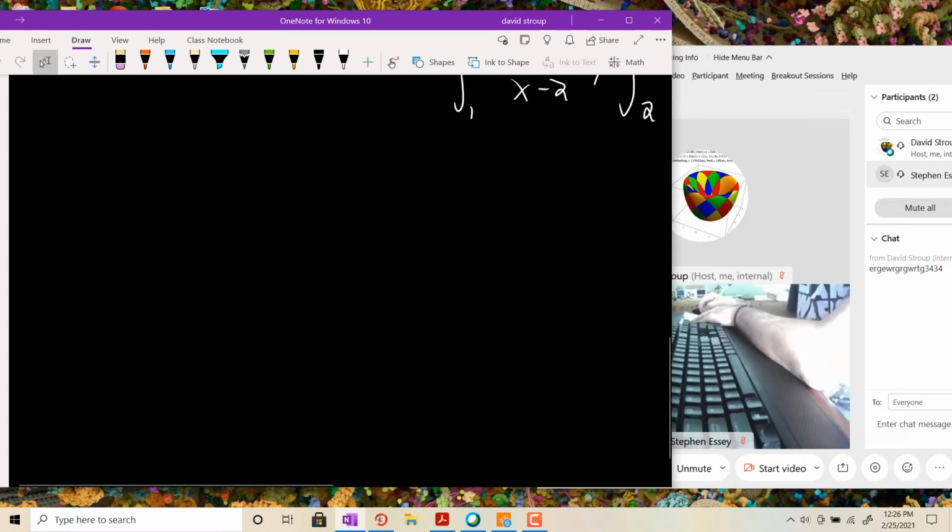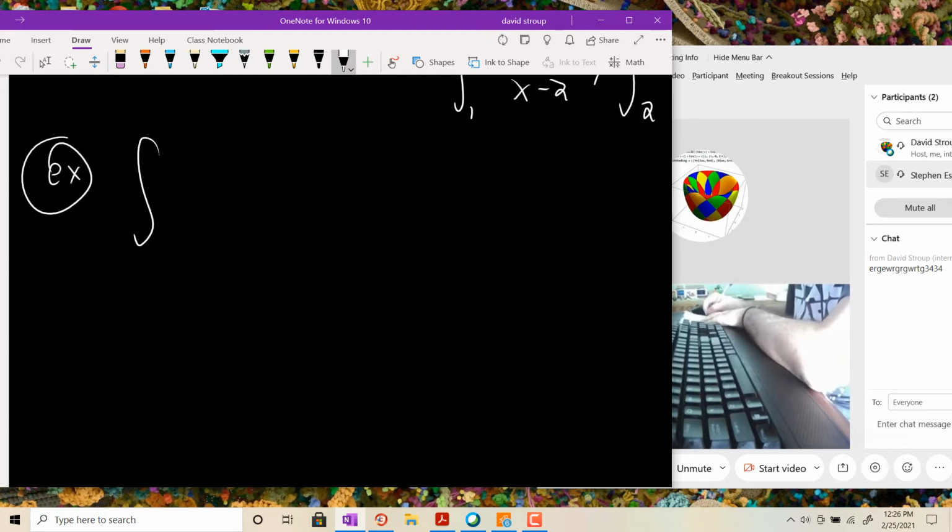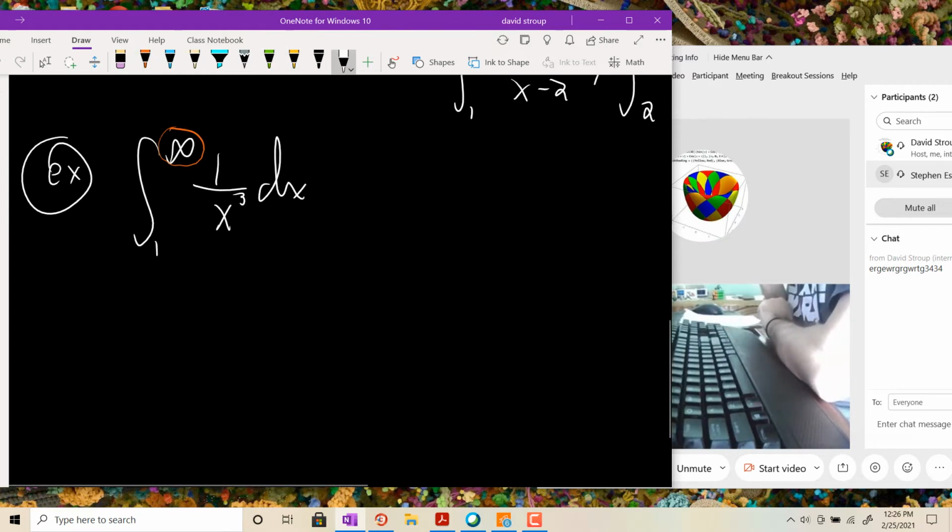Okay, so anyways, let's take a look at some example problems. Some of them are pretty easy, but some of them can get pretty ridiculous. Let's just dive right in. Okay, so example, this first one, the integral from 1 to infinity of 1 over x cubed dx. The real issue with this guy is this upper limit on the integral going to infinity.